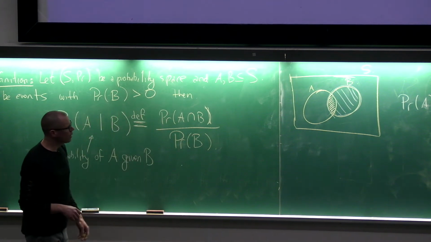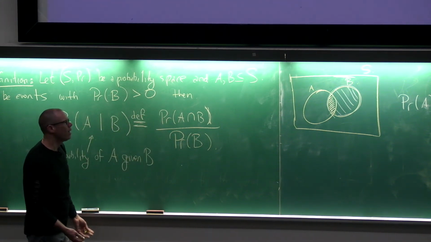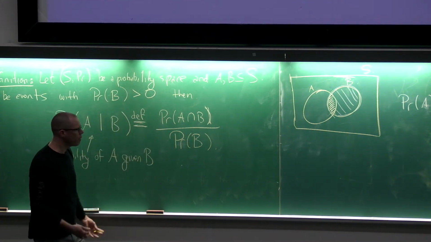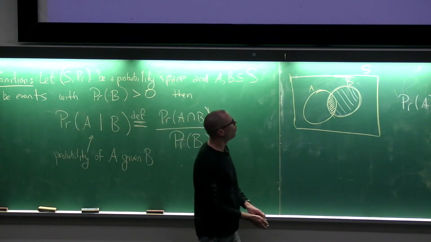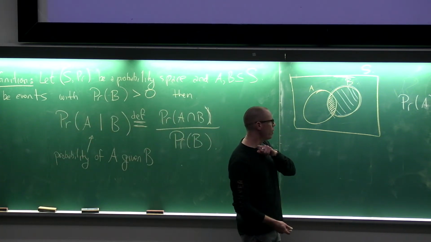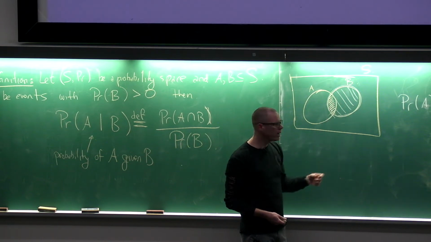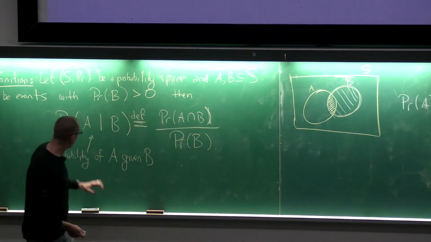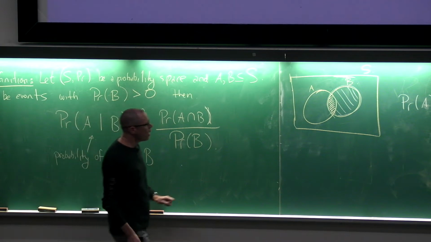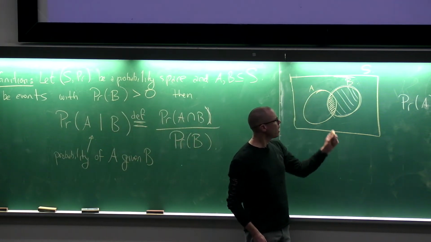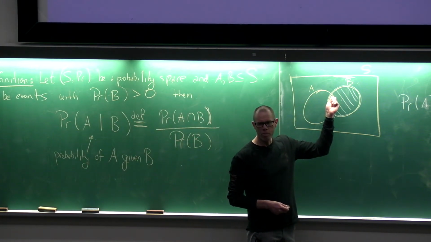Which you can then say, well, actually, this is like the same experiment as before, but I'm only interested in what happens when the thing that I pick ends up being in B. In that case, I'm interested in knowing what's the probability that it's also in A, right? Because that's intuitively what it says. You pick something at random from S, I'm telling you it was in B, what's the probability that it's also in A?